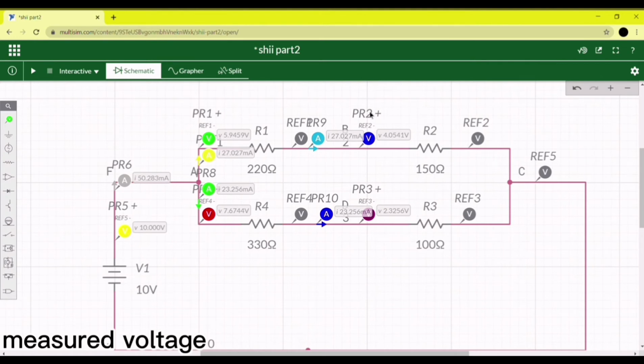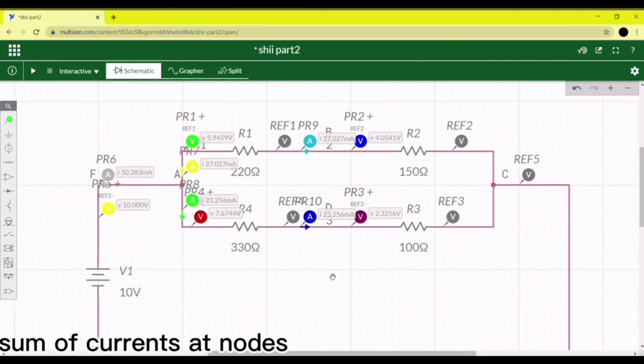As for VBD, through point B, point C, and point D, we need to subtract 2.3256 from 4.0541, so the total we got is 1.7285 volt. As for VC, the voltage is basically the total, which is 10 volt.